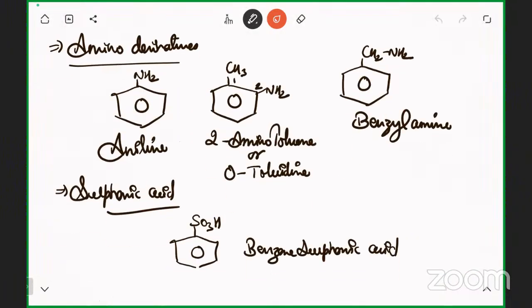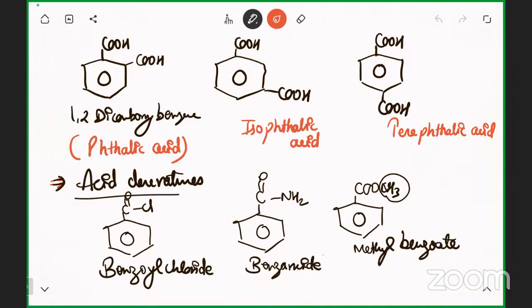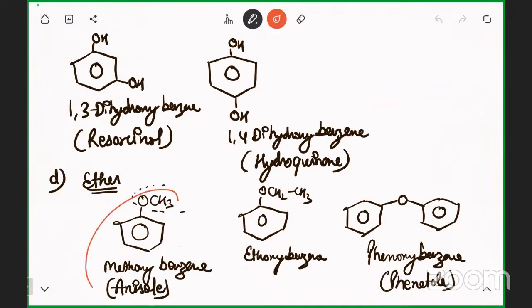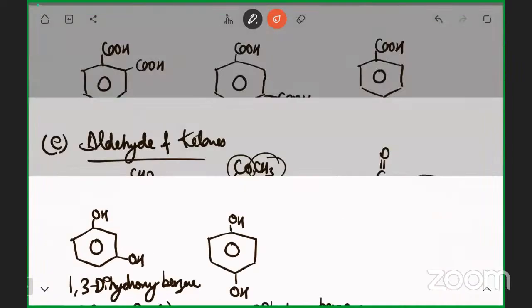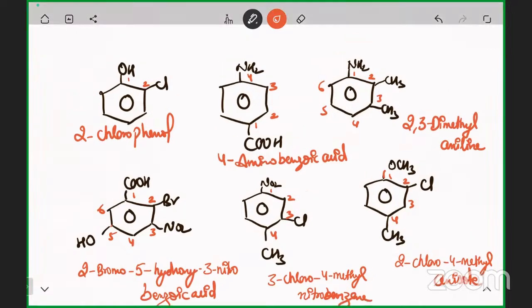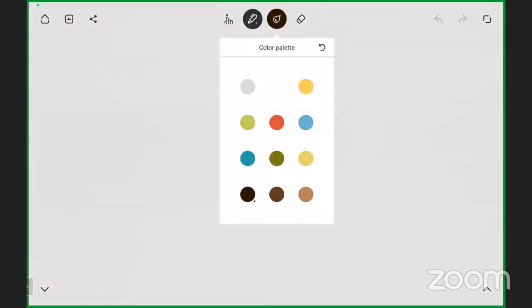Benzene with OCH3 is oxybenzene, but that is not the common name. It is anisole. Got it? Yes, sir. Enjoyed? Yes, sir. This is good.